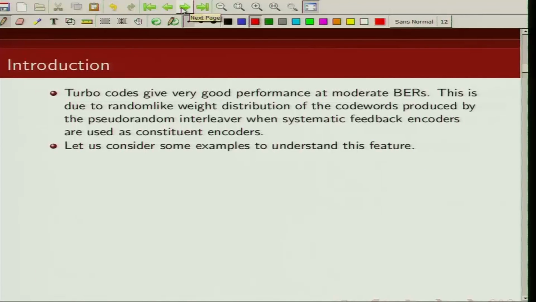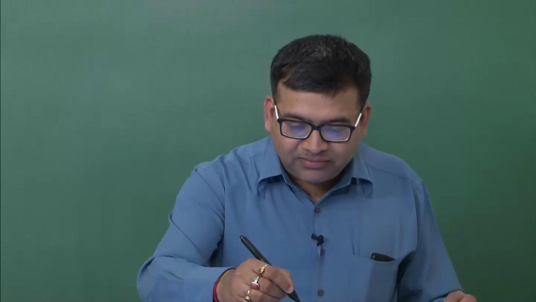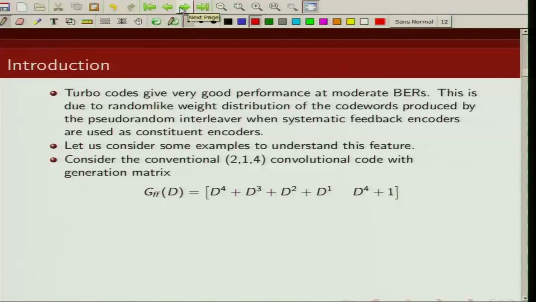So typically, this is the example of a rate 1/3 parallel concatenated code. Now, as I said, we'll try to look at the distance spectrum of a concatenated code and see how it is different from a convolutional code. So let us start with an example. We are considering a rate 1/2 convolutional code with memory 4 whose generator matrix is given by this.